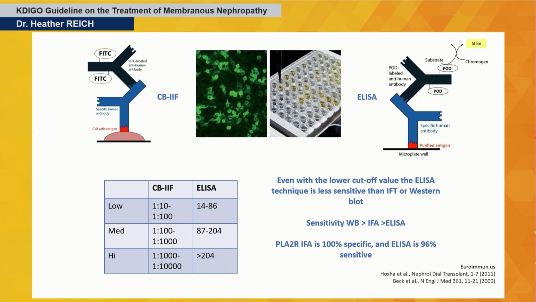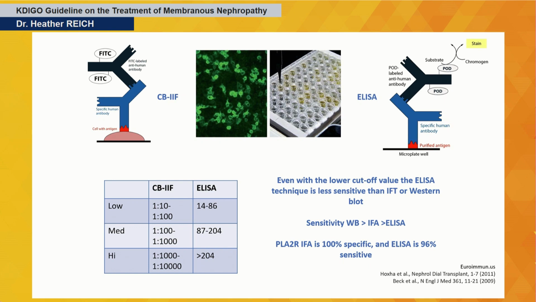The overall sensitivity of the Western blot is the highest, and this is followed by the indirect immunofluorescence cell-based assay. And finally, the lowest sensitivity is the ELISA with a sensitivity around 96%. The specificity is relatively high for all of the assays.